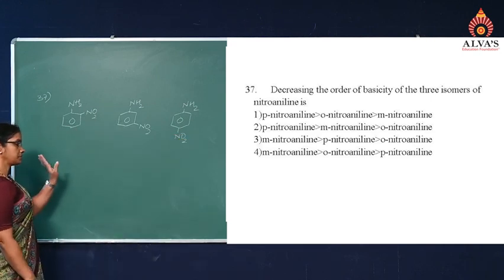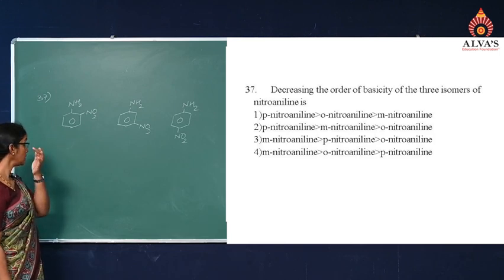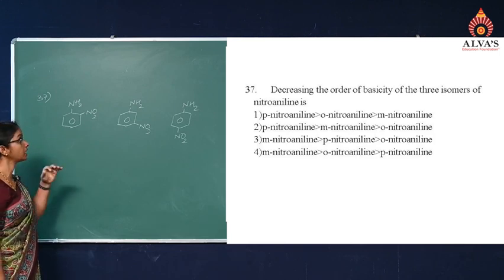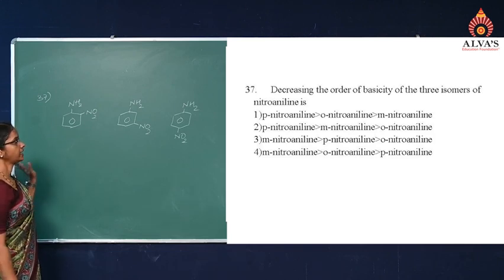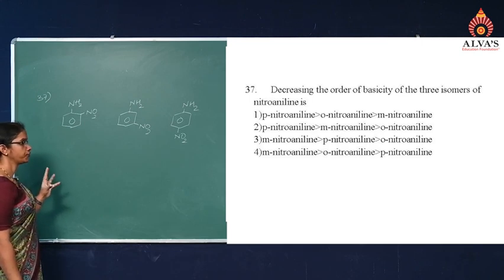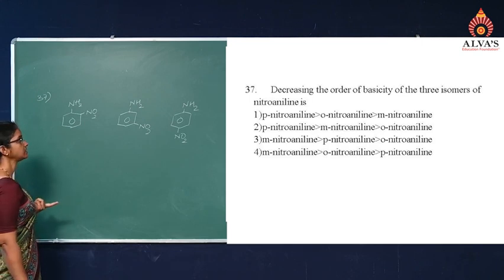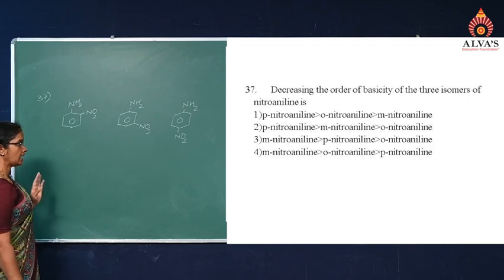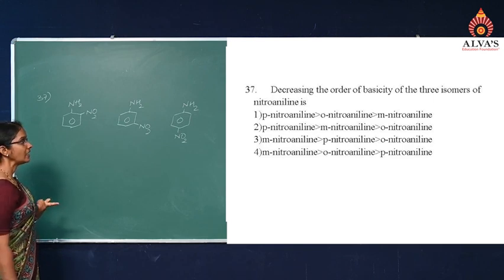The basicity of aniline is affected by presence of group attached to the benzene ring. The nitro group is electron withdrawing as well as minus I group. As a result, the basicity will be affected both due to resonance effect as well as inductive effect.